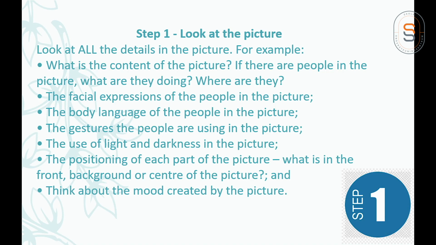Look at the facial expressions of the people in the picture, the body language, the gestures the people are using, the use of light and darkness in the picture, the positioning of each part of the picture. What is the front? What is the background or center of the picture? And then think about the mood created by this picture. How does it make you feel?